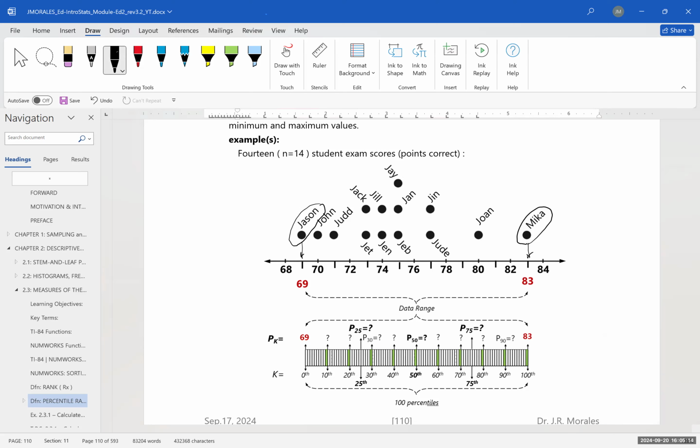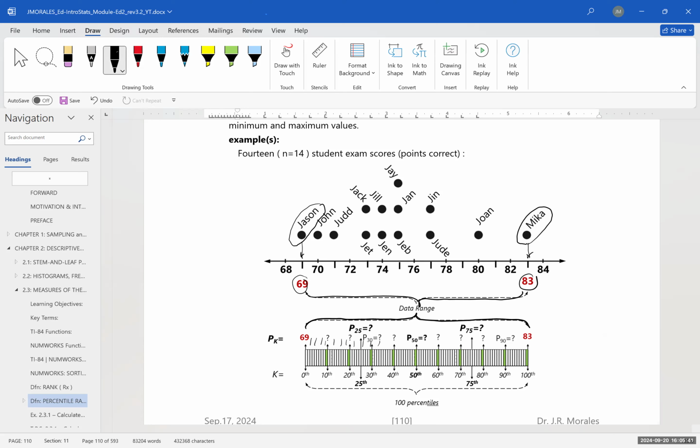So we have a minimum of 69 and a maximum of 83. Percentile rank takes this range between the minimum and the maximum, and subdivides it into 99 equal parts. That's what you see here with each of these little rectangular gradations.